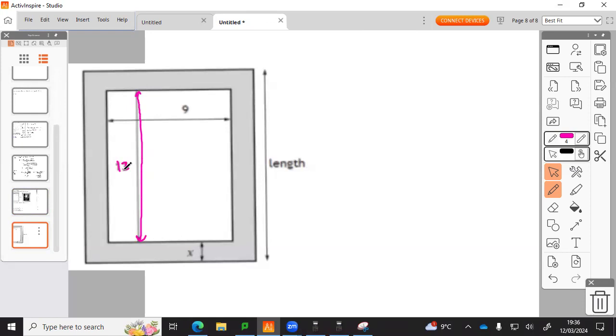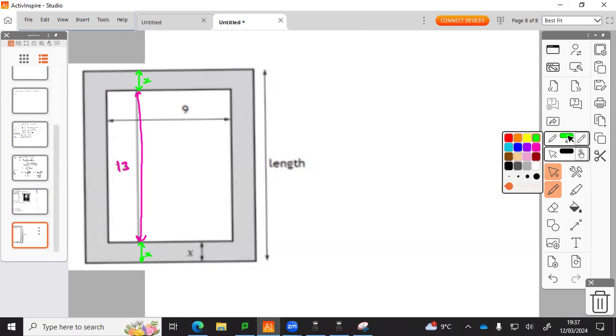But that's not the full length of the card, we're asked for the length of the card, so it's 13 plus this wee bit, which is x, plus this wee bit, which is x. So it's plus 2 x's.